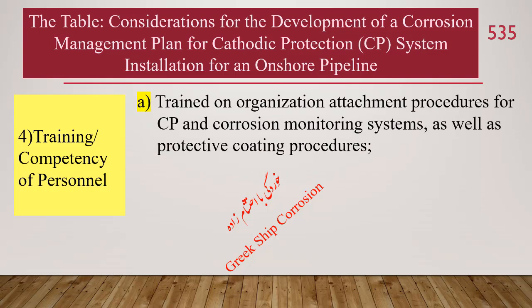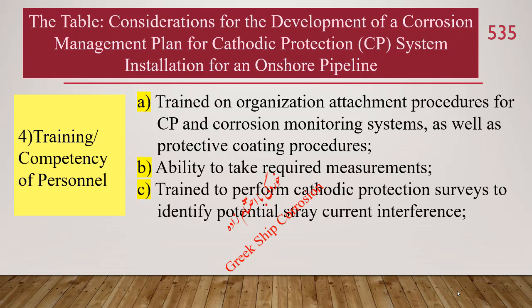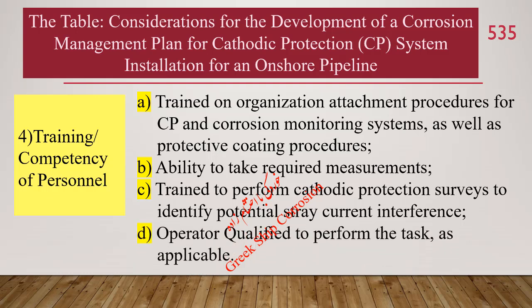A. Trained on organization attachment procedures for CP and corrosion monitoring systems as well as protective coating procedures. B. Ability to take required measurements. C. Trained to perform cathodic protection surveys to identify potential stray current interference. D. Operator qualified to perform the task as applicable.